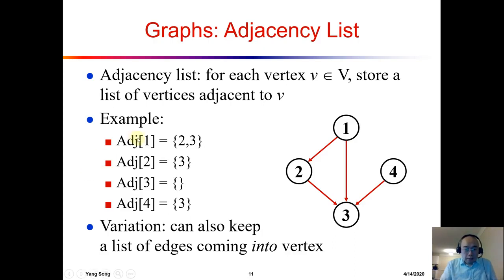In this case, the adjacency list with index 1 will be empty because no nodes go to 1. For 2, we will have a 1 there, because from 1 we can go to 2; in this variation we are recording not outgoing edges but incoming edges. For 3 we will have 2, 1, and 4, because from 2, 1, and 4 we have incoming edges to node 3. So this is a possible variation, but we don't use that a lot.